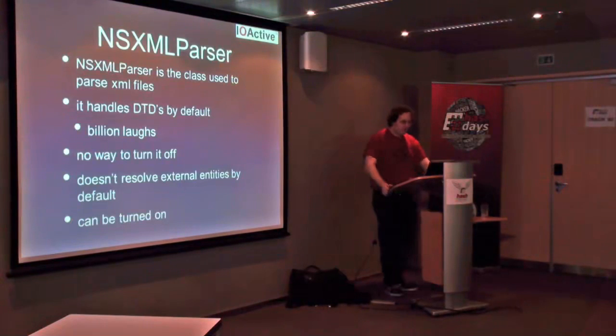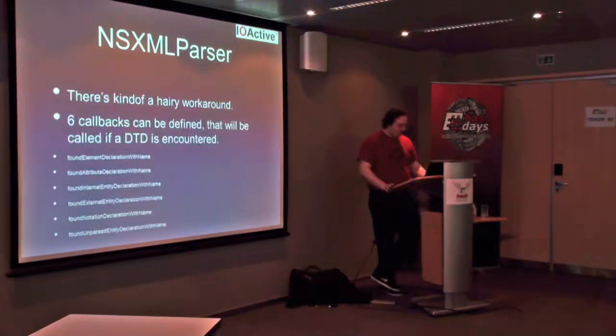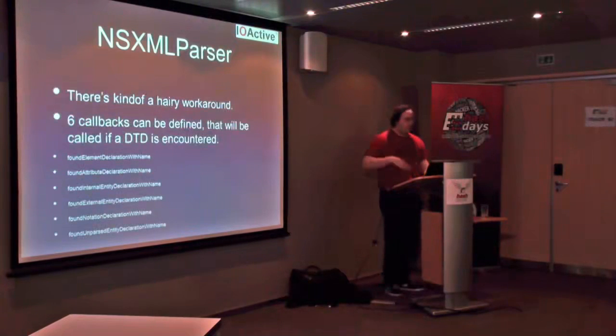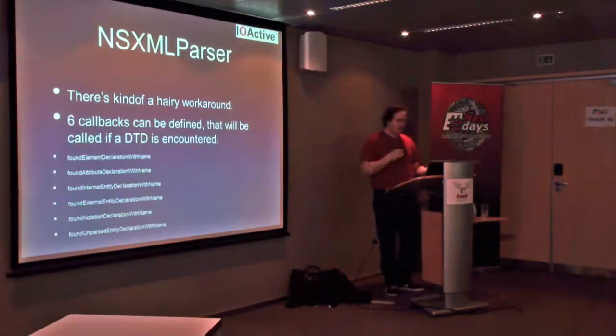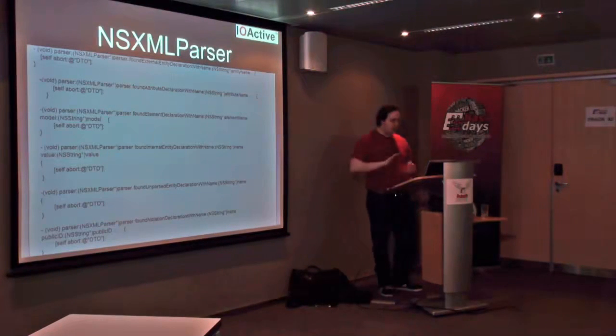Basically, if you handle untrusted XML, the way you fix that is by implementing every DTD callout you can possibly have. I did a list here. Basically, there's six for NSXMLParser that you can find. And the way you work around this is you declare every single one of them, and if they ever get called, you just abort. You go, this is an untrusted piece of XML. You're doing DTD.